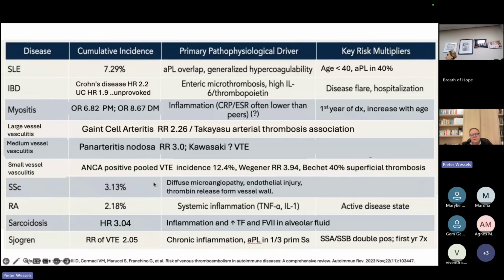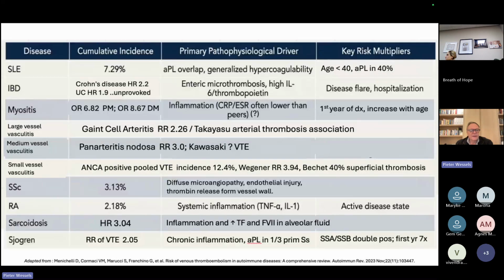Systemic sclerosis, you can see here the cumulative incidence. Rheumatoid arthritis, much less for venous disease. Sarcoidosis, Sjogren's, and you can see here it depends on the activity of the disease and other risk factors. For example, if a patient is admitted or not.